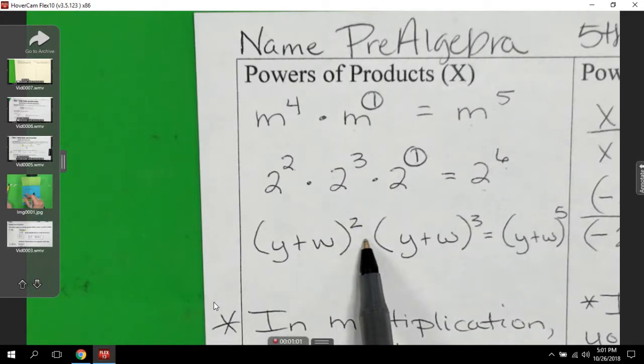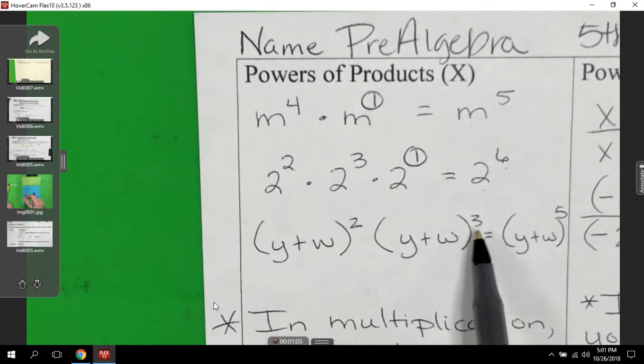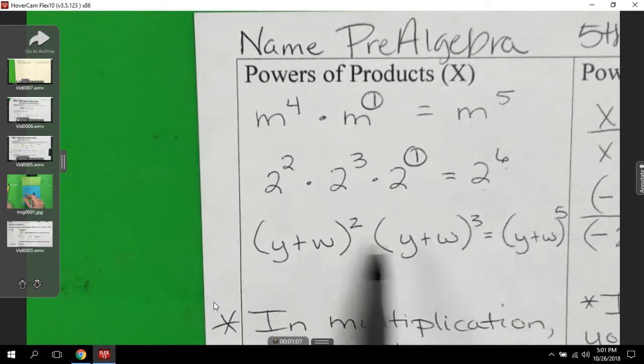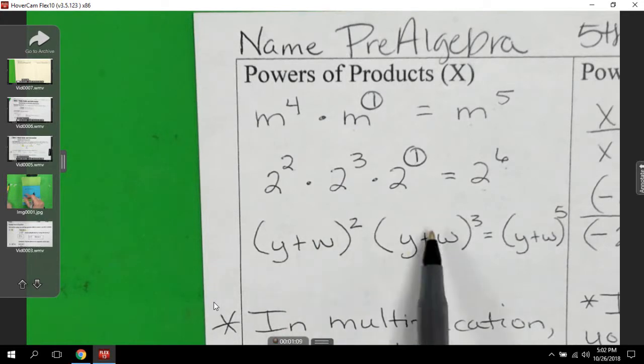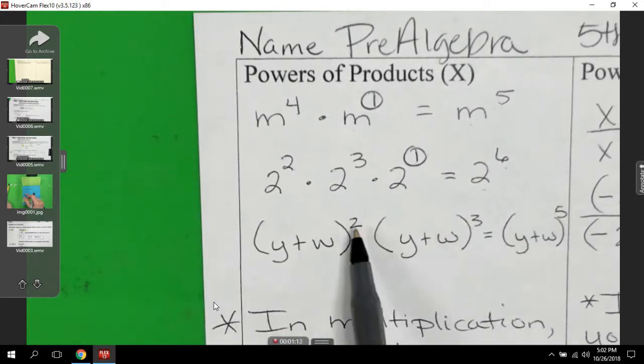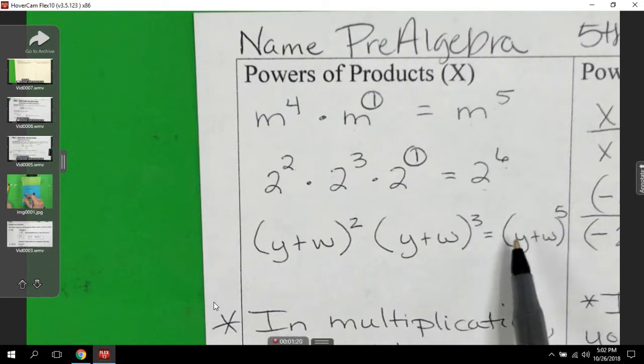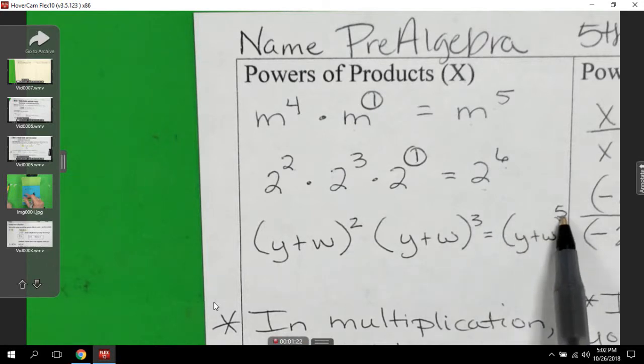No operation sign, it's understood to be multiplication. Y plus w raised to the 3rd power. Because these are grouped together, we're going to leave them grouped together in parentheses, y plus w. Add the exponents, and we have y plus w in parentheses raised to the 5th power.